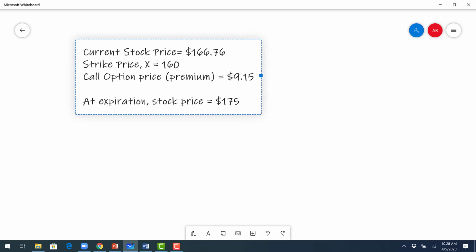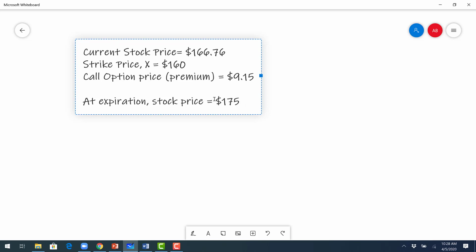Call option price, right? So you have the right to purchase a share of IBM for 160. That is the fixed price irrespective of the market price. Now at expiration you have to basically do something. Would it make sense for you to buy the IBM share at 160 at this point? It would, right?